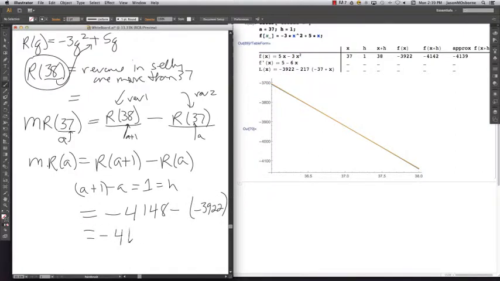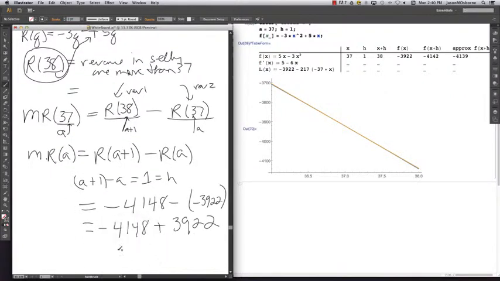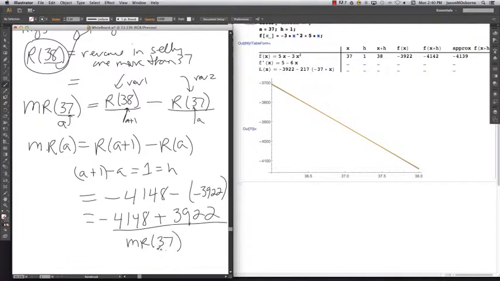So you do 4148, then you add that to 3922. Whatever you get for that number is your marginal revenue for selling one more gadget than 37. That's called the marginal revenue of 37.